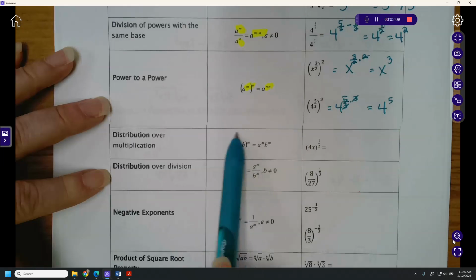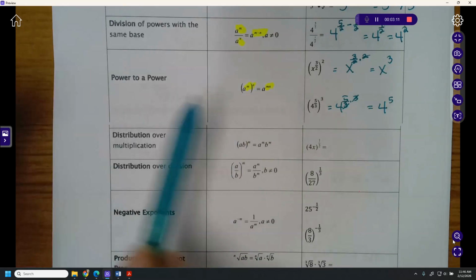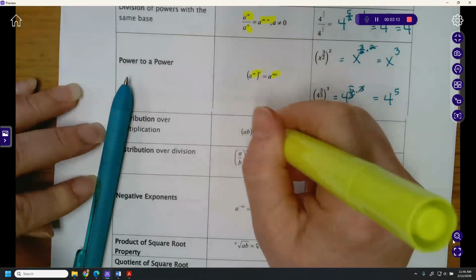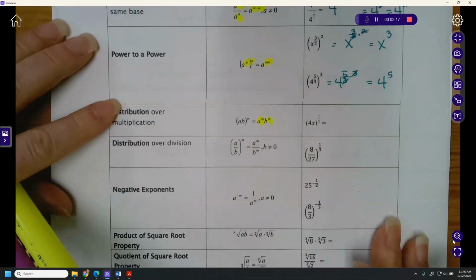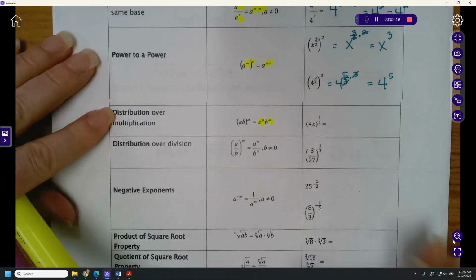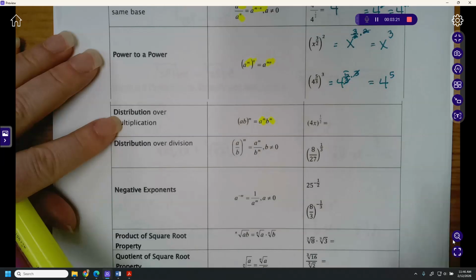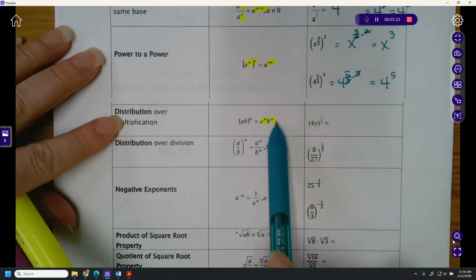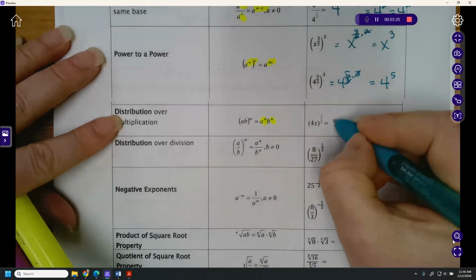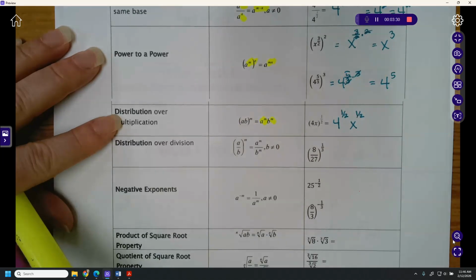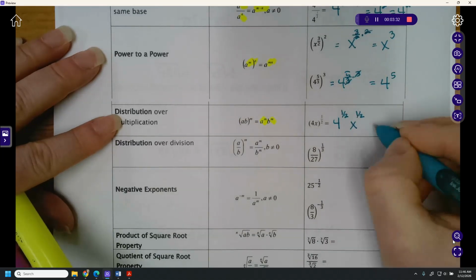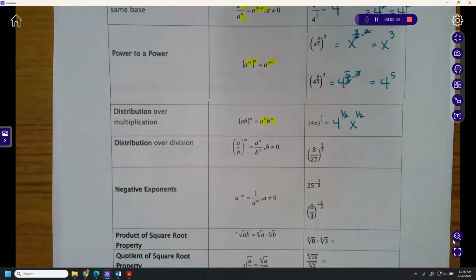So if I had (ab) to the m, a parentheses raised to the m, that means each thing. I don't really call it distribution, it's not really, but that's what the property is, if you want to think of it that way. You have to apply the power to both things in the parentheses. This would be 4 to the 1/2, x to the 1/2. 4 to the 1/2, if we get our root card out, this is one we know.